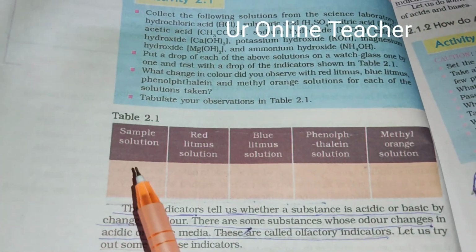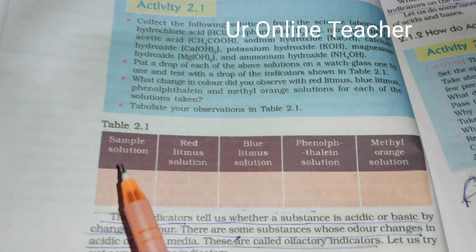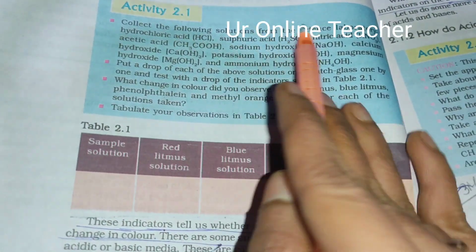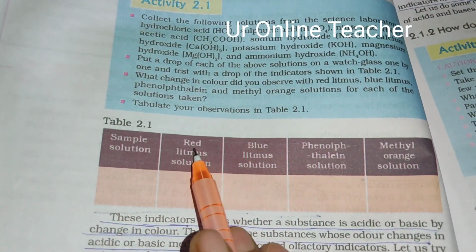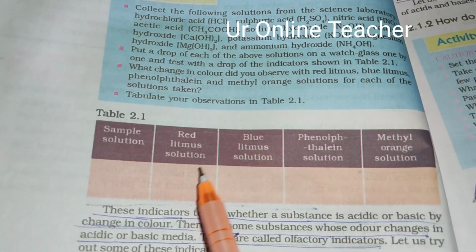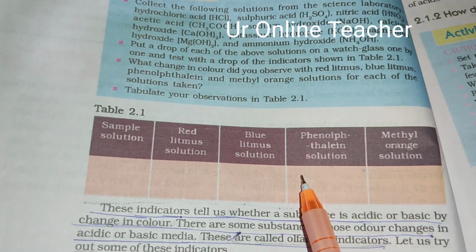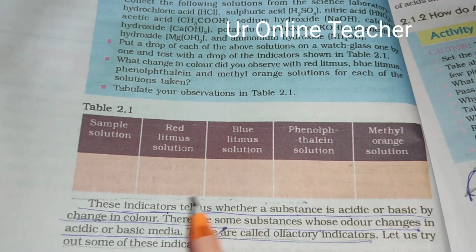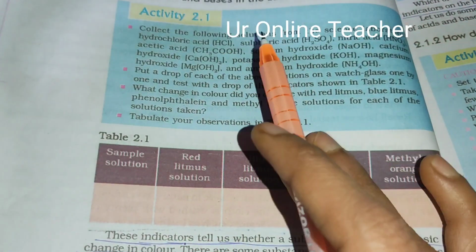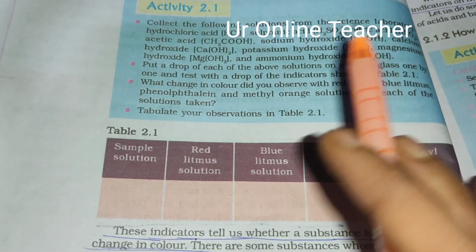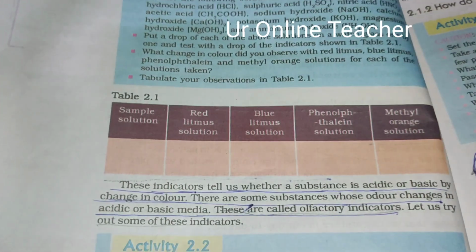If we take a sample solution, like the many solutions given in the laboratory, and test it with red litmus paper, phenolphthalein solution or methyl orange solution, it will indicate whether it is an acid or a base.